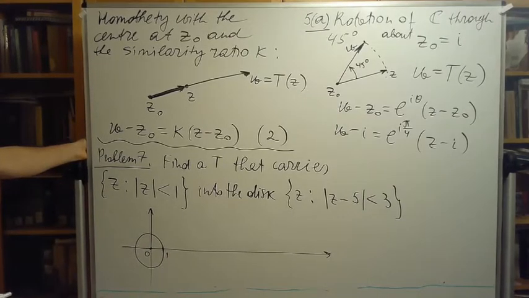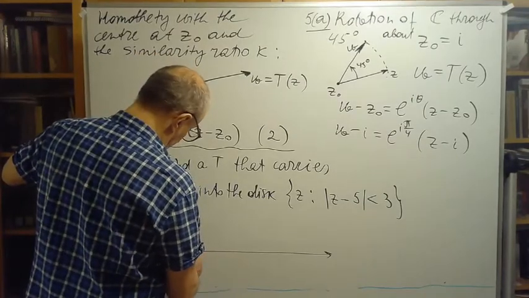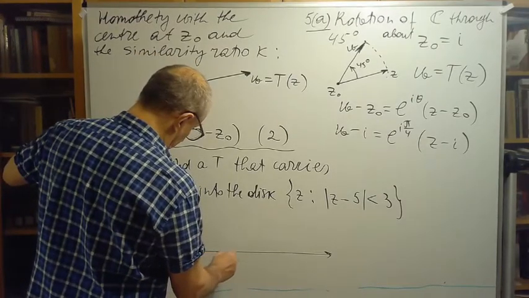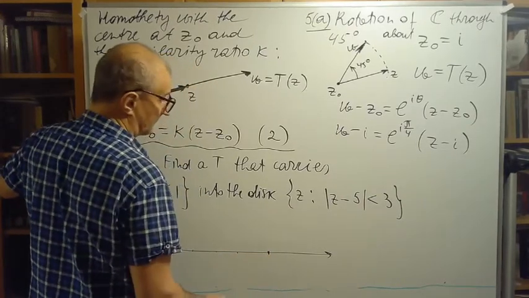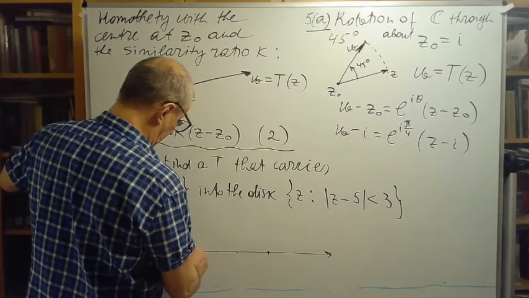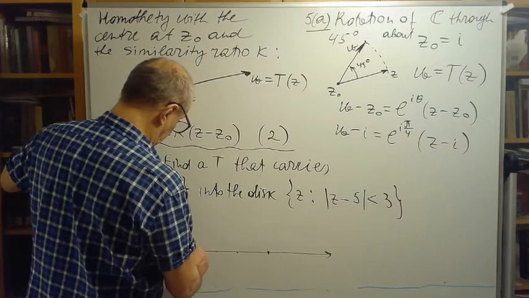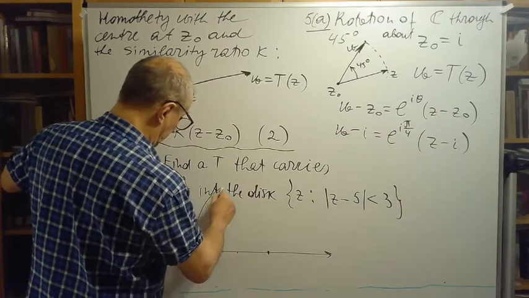And you have to make out of this disk another disk with center at 5, of radius 3, 1, 2, 3. So it will be a huge disk.